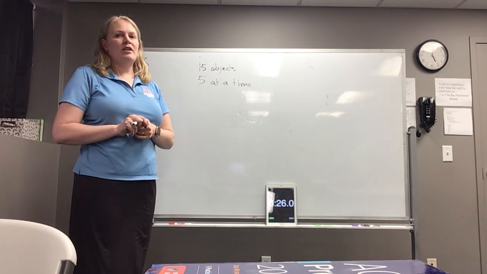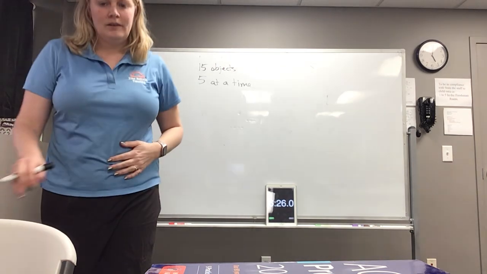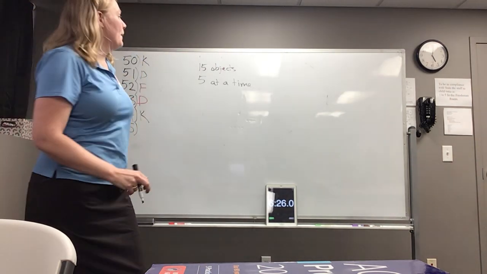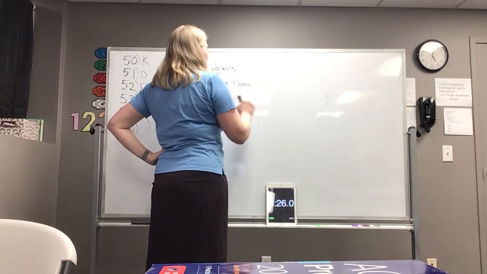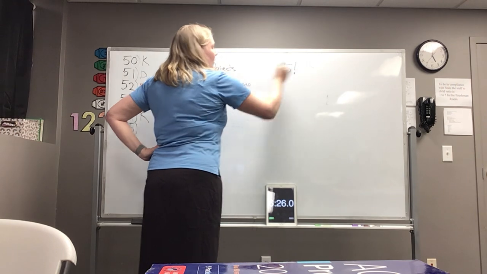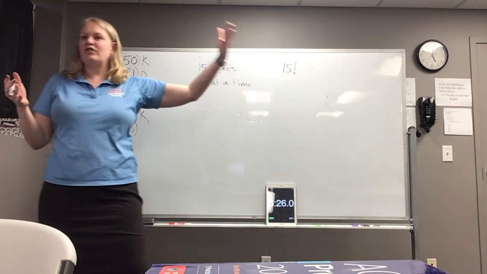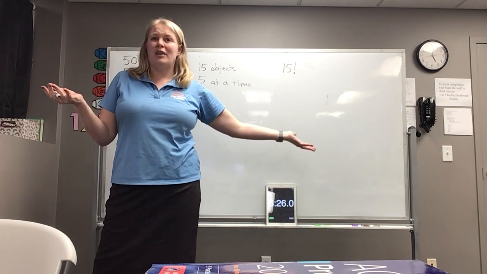Let's just talk about the permutation of 15 objects. That is 15 factorial. That's how many it would be if we just had 15 objects, how many different arrangements.